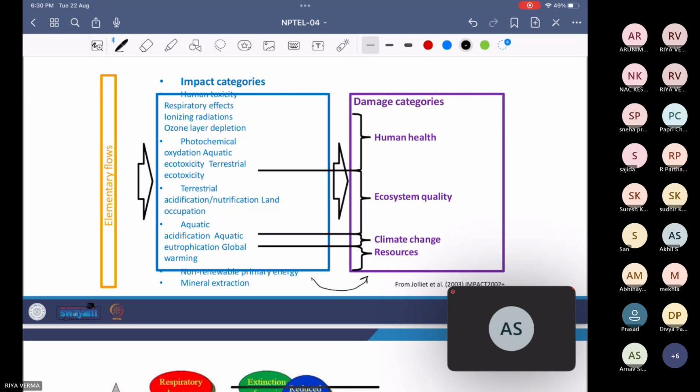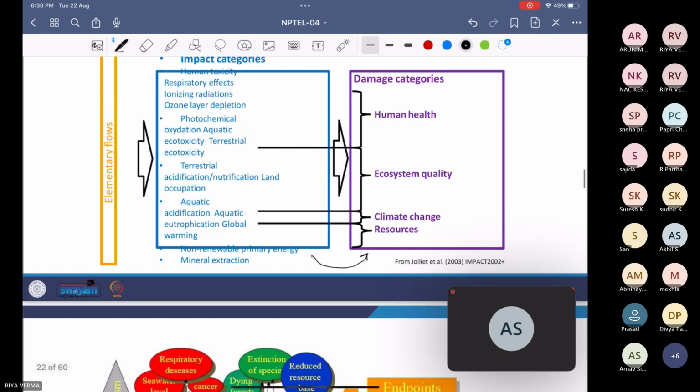Some of the impact categories cause damage to ecosystem quality. Similarly, some cause climate change and some cause damage to the resources. So we have tried to compile all these impact categories into a broader classification, we have compiled them into a single unit.